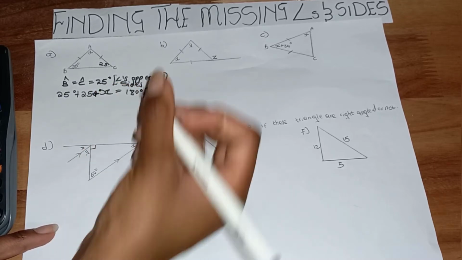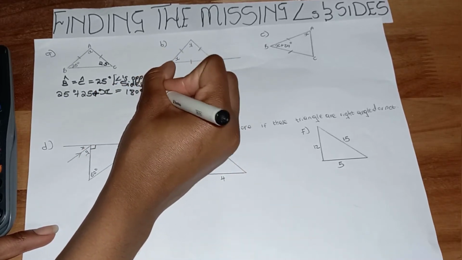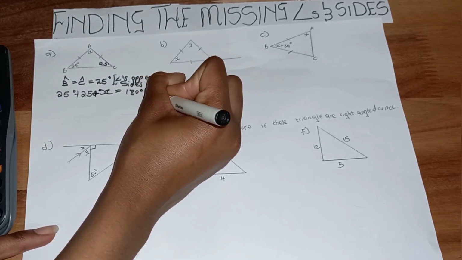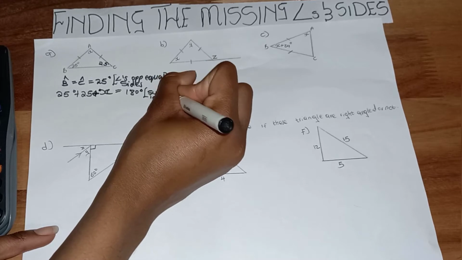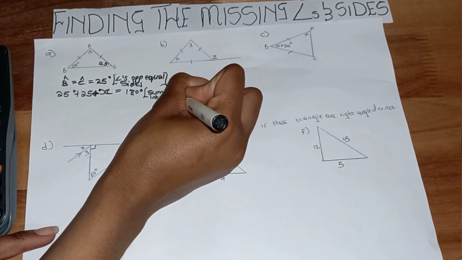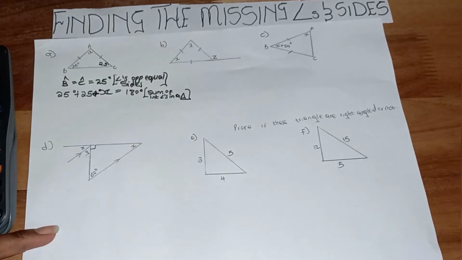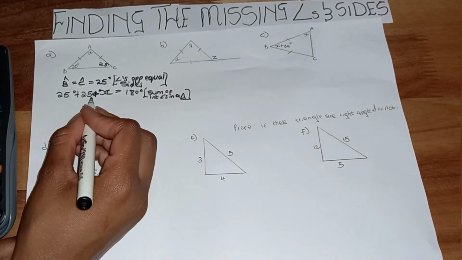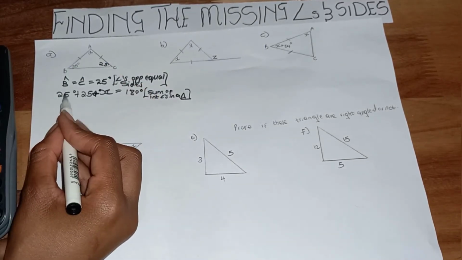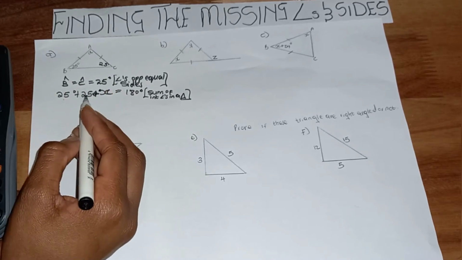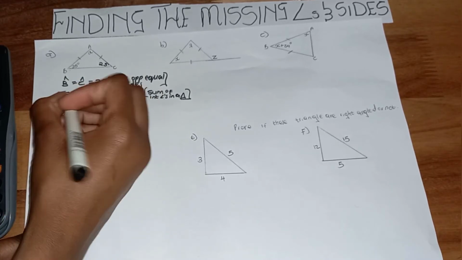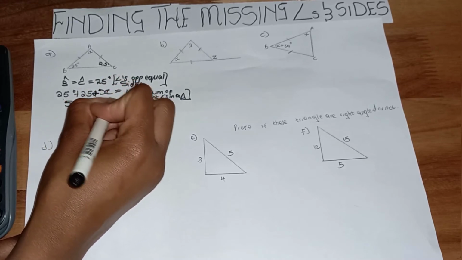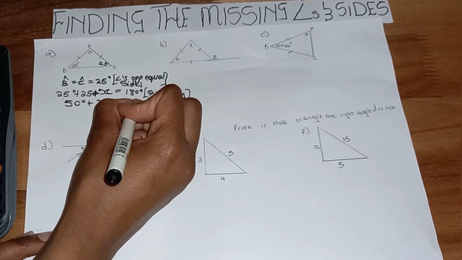Your reason will be sum of interior angles in a triangle. You close your brackets and then you add your like terms, 25 plus 25. This 25 is for angle B and this other 25 is for angle C. So it will be 50 degrees plus angle X equals 180 degrees.